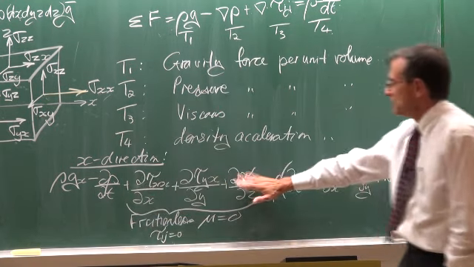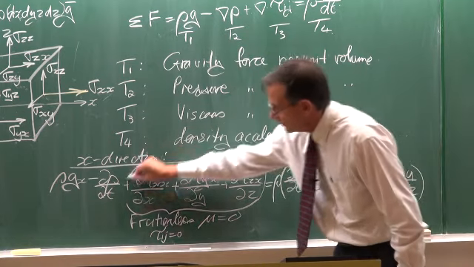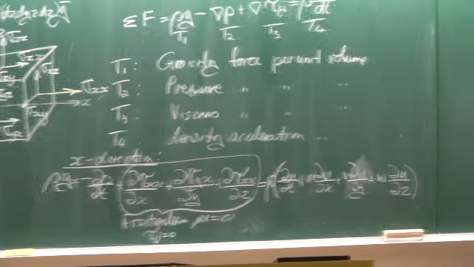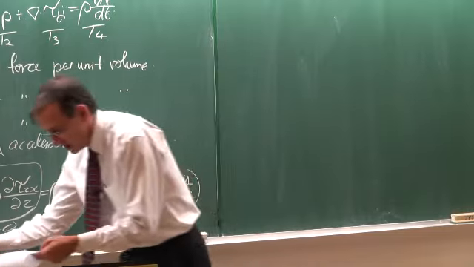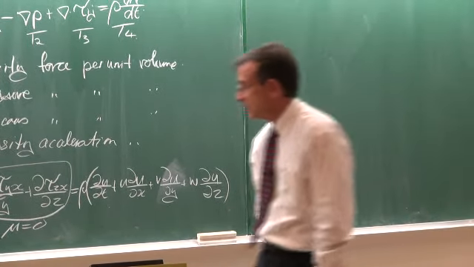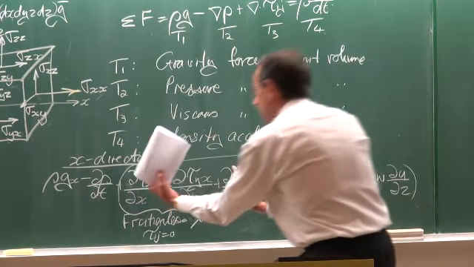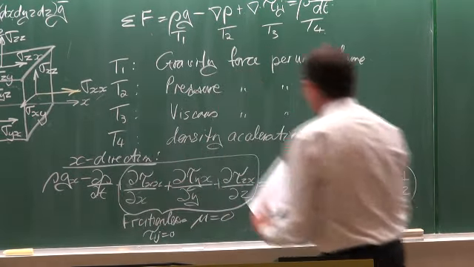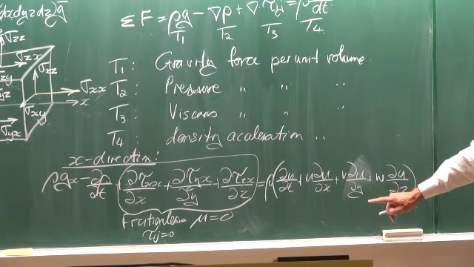So all three of these terms would be equal to 0. That special case is called the Euler equation. If we make this equal to 0, then we end up with the Euler equation.